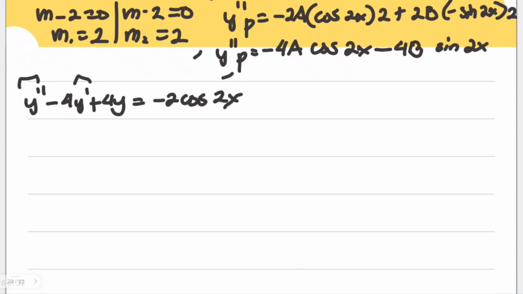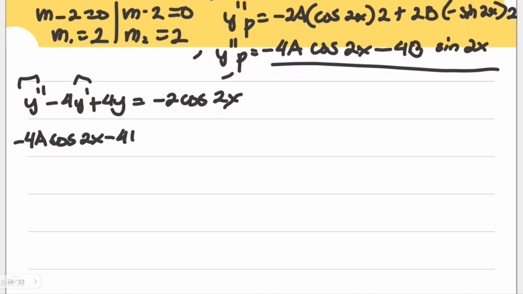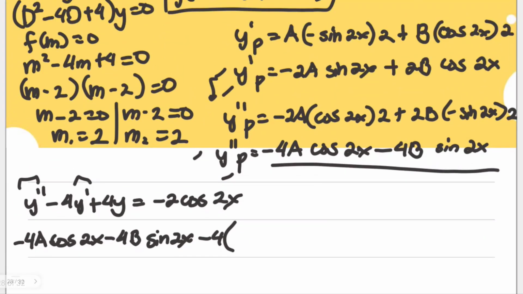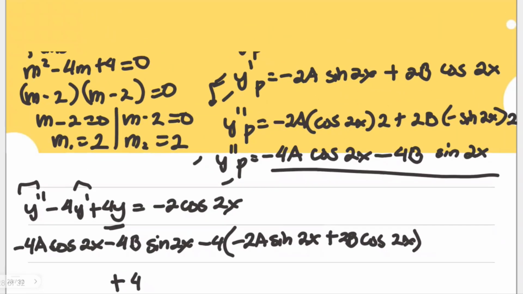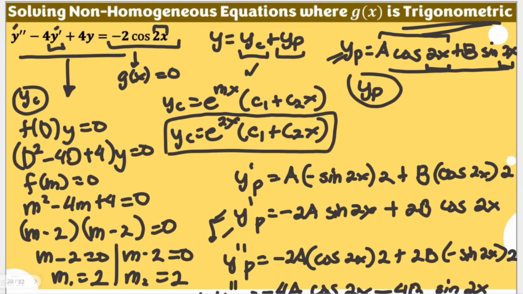So let's look into this step by step. This is our first form. So minus 4a cosine of 2x minus 4b sine of 2x, minus 4 times the first order derivative of y sub p, negative 2a sine of 2x plus 2b cosine of 2x, plus 4y, but it would be y sub p, this one here from our table.